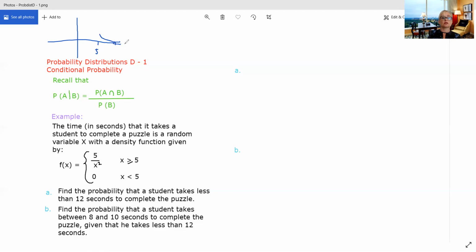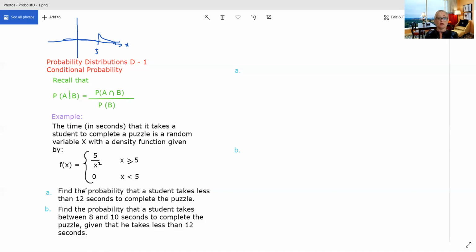It's not going to actually touch the x-axis. And everywhere lower than 5, we've got 0. So we do have a probability distribution function in terms of it being above or at the x-axis. We can actually calculate and prove that the limit of that area will be 1. We're not asked to do that in this case. We're told that it's a PDF.